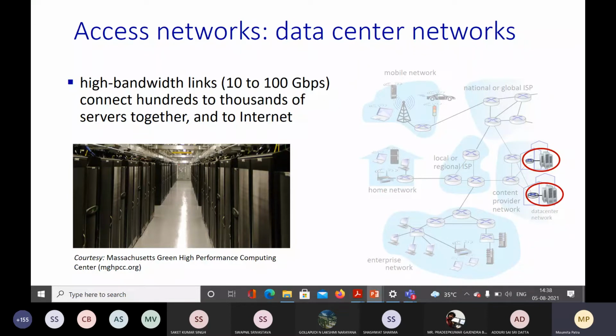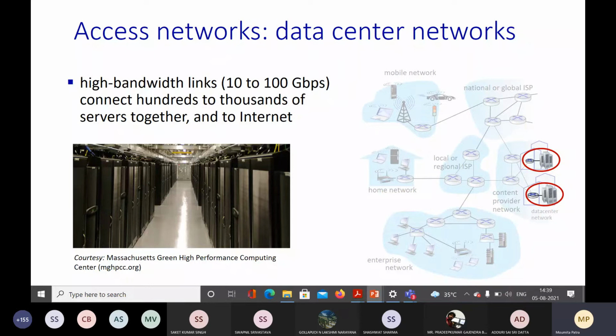You have already studied different architectures that are used in order to store these kinds of large amounts of data. So how the communication part is working, that is about the data center network. So what happens here? You need a very high bandwidth link that is around up to 100 Gbps.